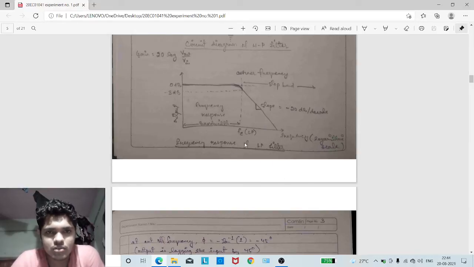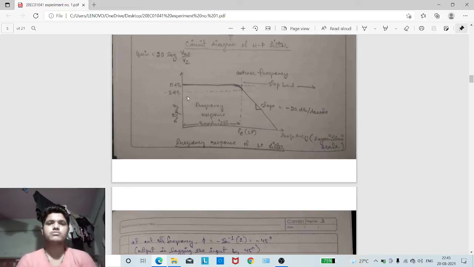So for the frequency response of the LP filter, here it will be the output, that is the gain, and this will be the frequency we are taking.